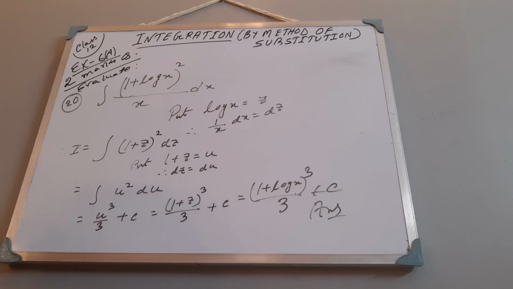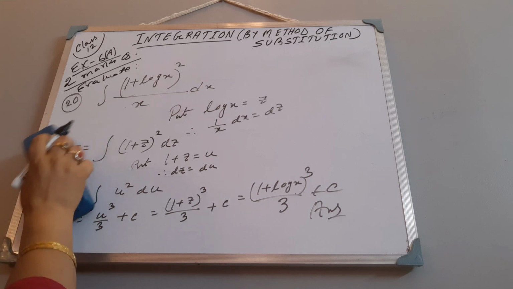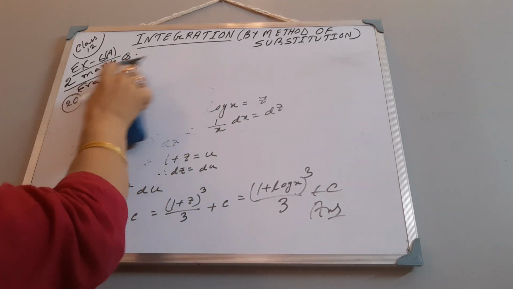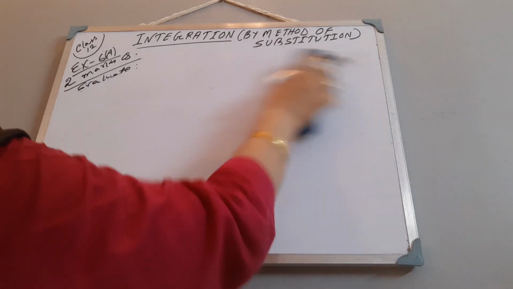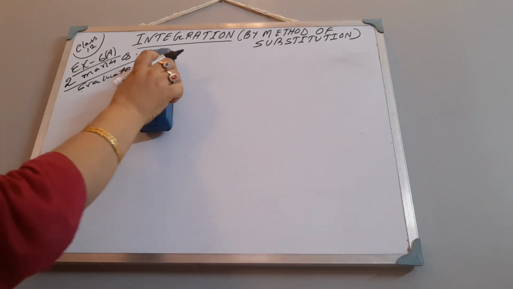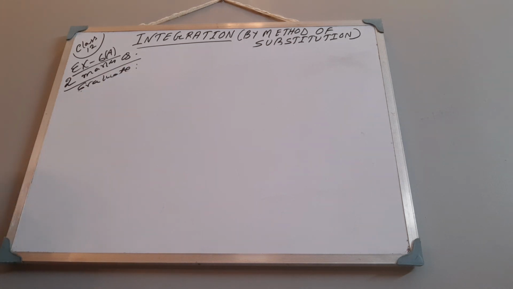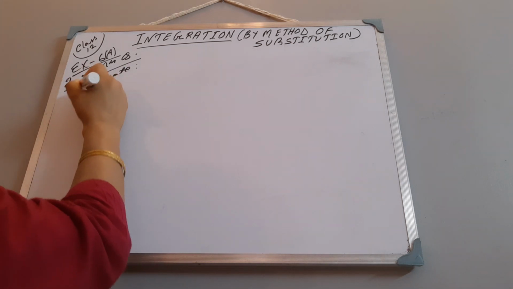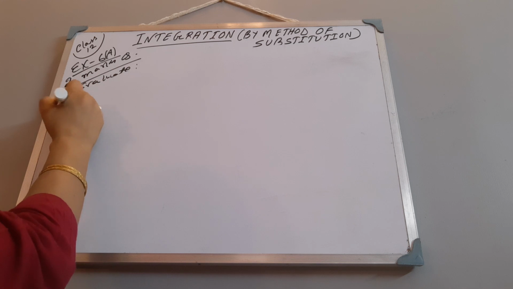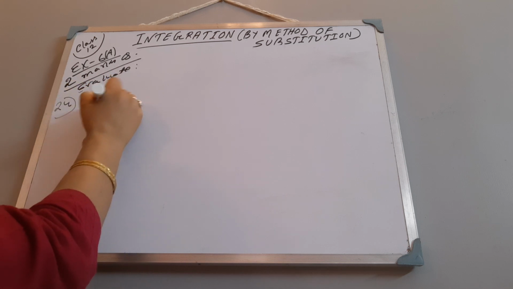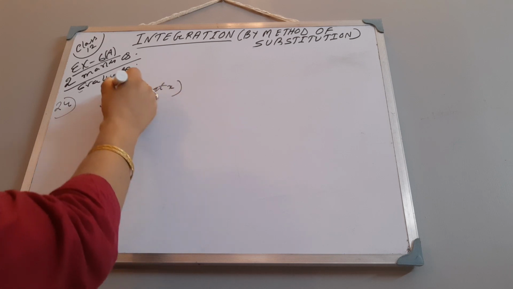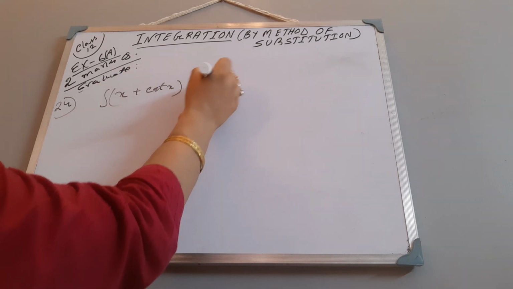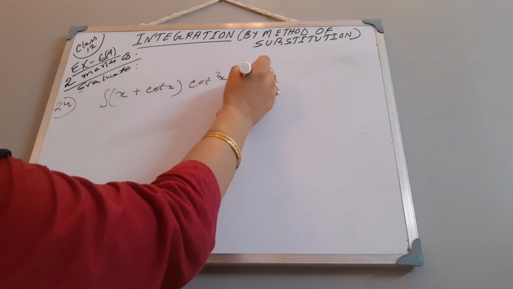Next, sum number 24. Sum number 24: integral of (x plus cot x) cot square x dx.